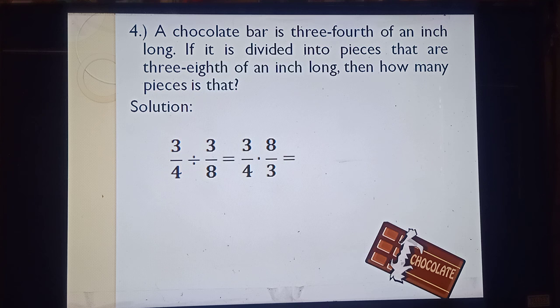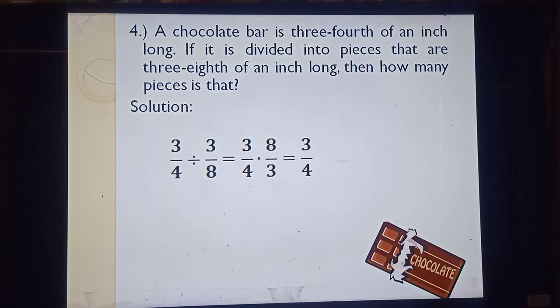That is 3 times 8 and 4 times 3. But if we want to have answers which are already in lowest term, we're going to factor out so that we could cancel common factors and arrive at an answer in lowest term. So between 3 and 3, common factor is 3. 4 and 8, common factor is 4.